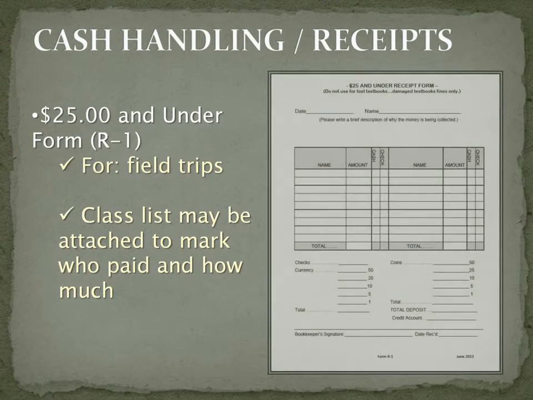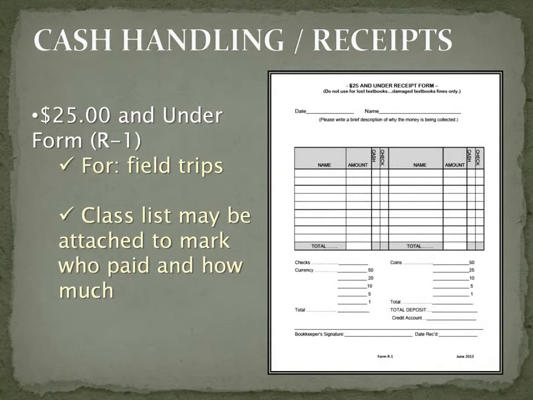Any teacher or employee who collects money from a student or other source must issue an Activity 3-Part receipt and, or, where applicable, prepare the $25 and under form. See Form R1. If funds are collected for field trips under $25 per student, a class list may be used in place of the receipt list.